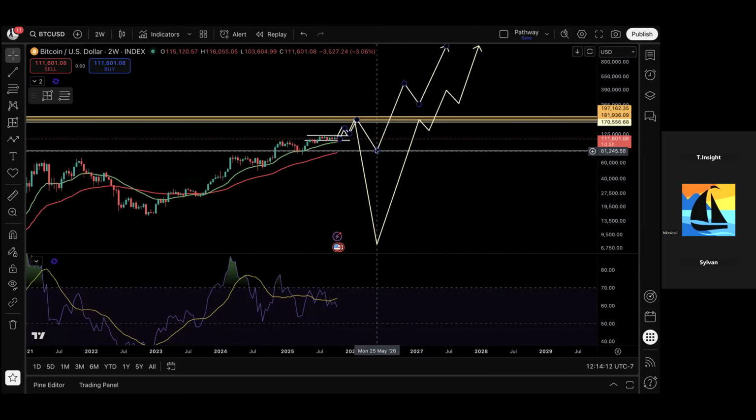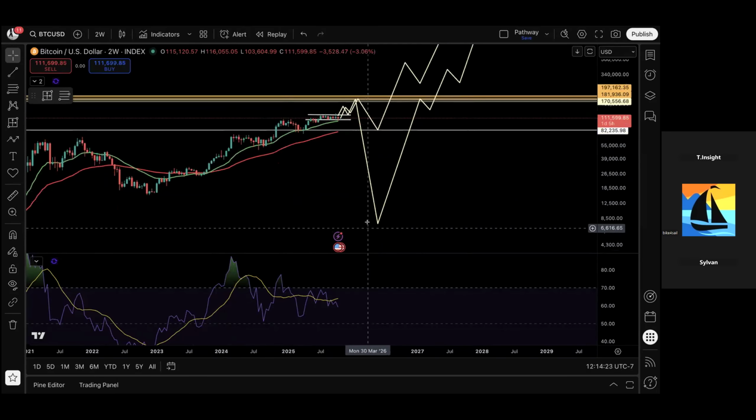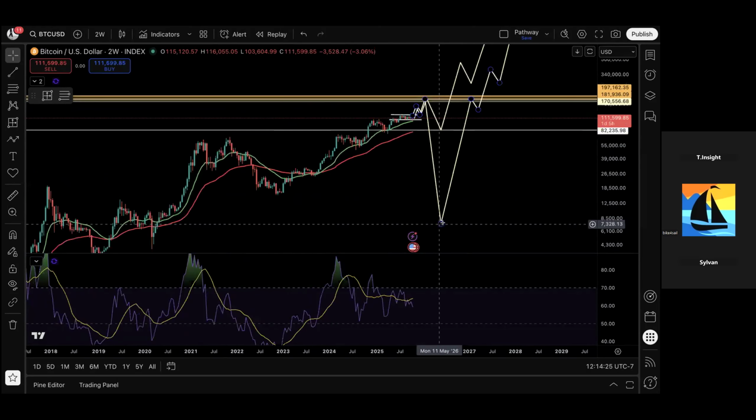This option of just going to the slow is obviously more in favor for our bear market bottom. However, because of the overlapping cycles, like I've said many times, we have this possibility of going all the way down here.